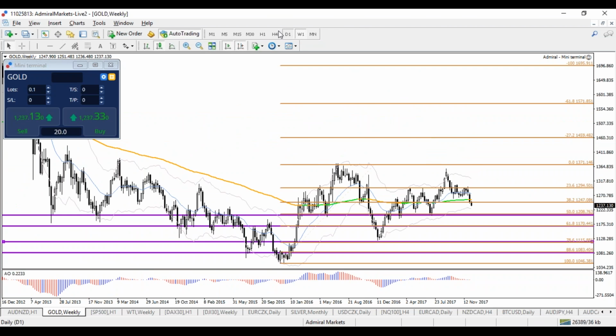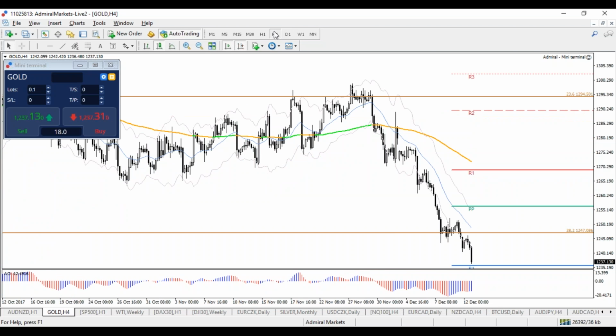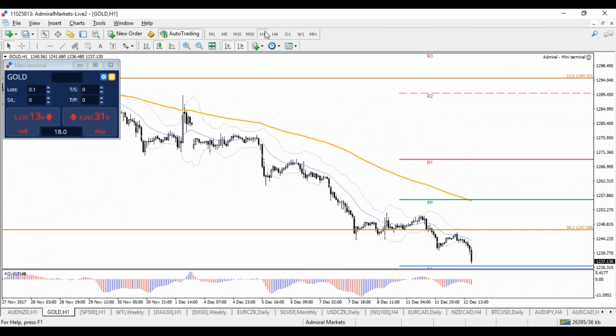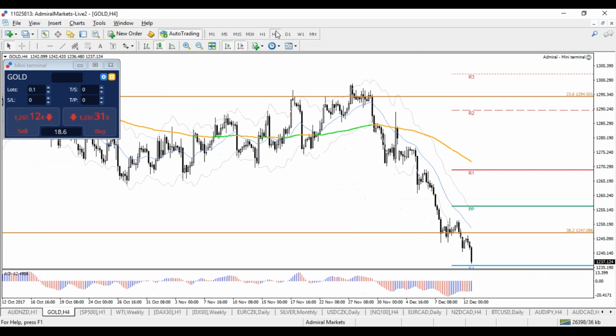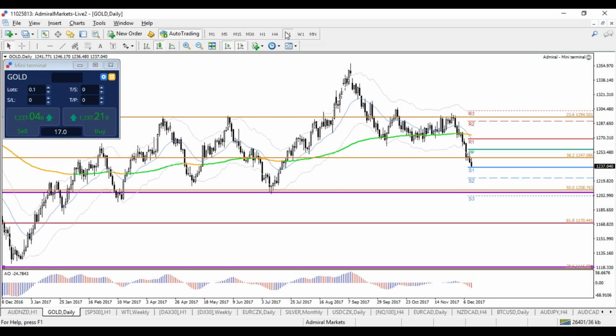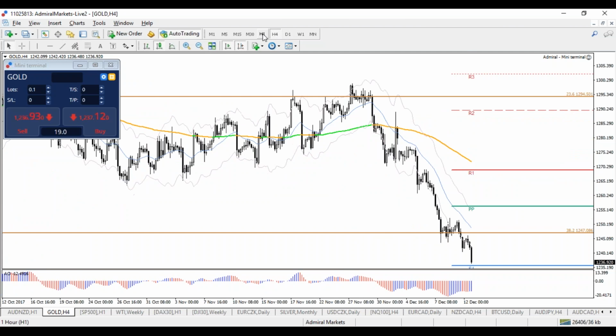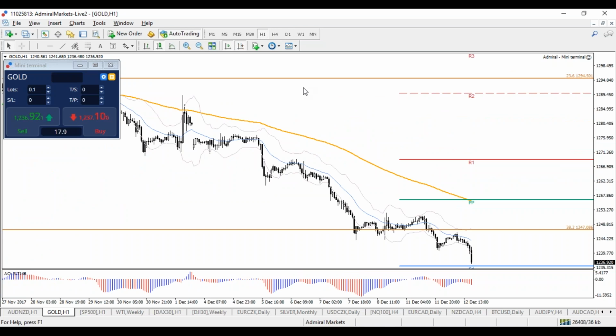All right. So 4-hour chart falling pretty fast indeed. Some good flags here, here, and here, and here on gold.